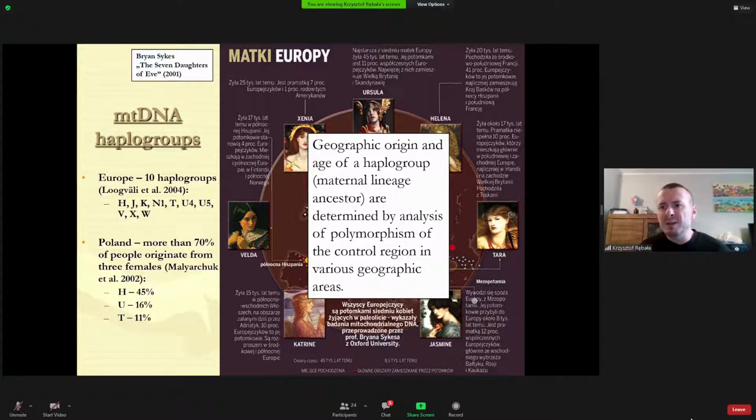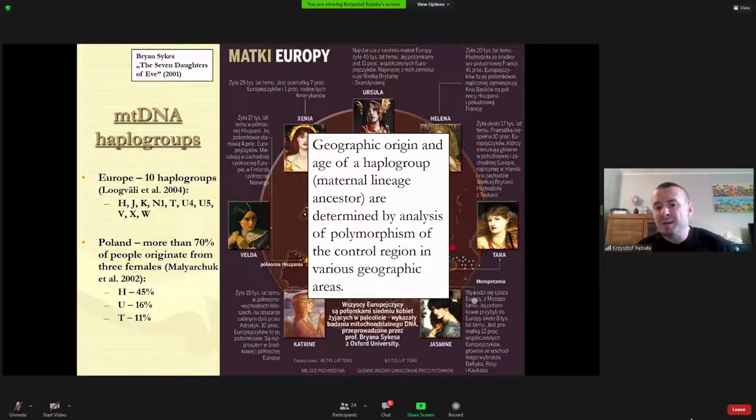Based on the so-called molecular clock, you know how frequently mutations occur, especially in the mitochondrial genome. So you can go back and calculate the time when this haplogroup appeared for the first time, when this mutation must have occurred.